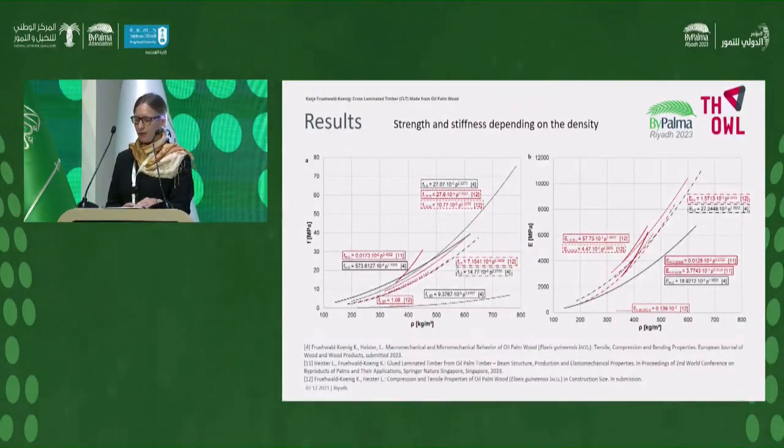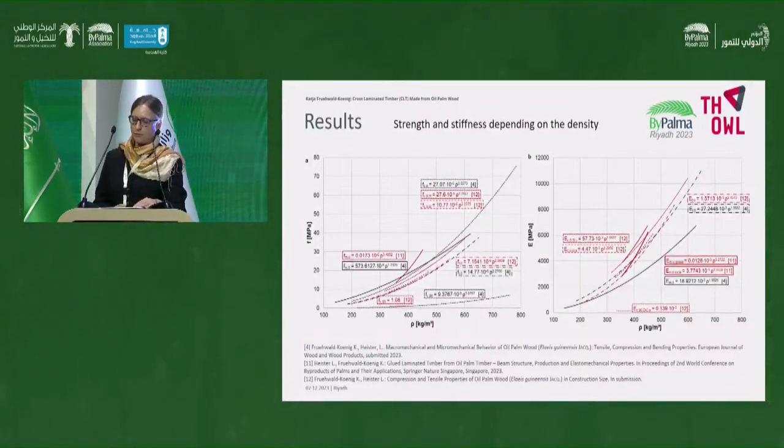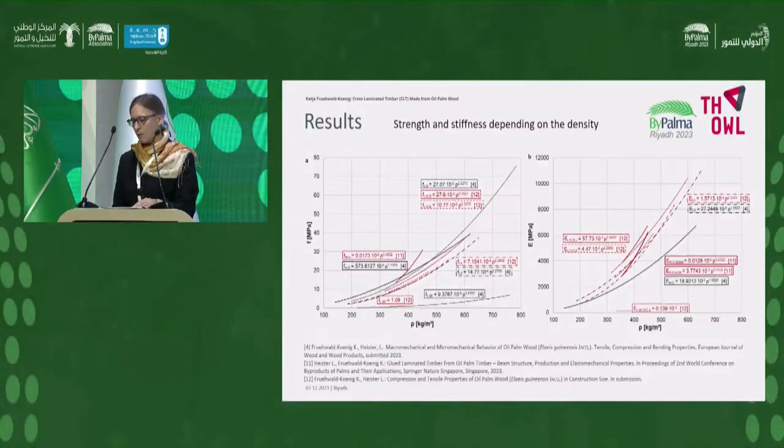All strength and stiffness values of the full-size specimens parallel to the vascular bundles increase with the density by a power law relationship with similar exponents, except for the bending specimens, which might be due to a comparably low number of test specimens and a very low density range because of the combined GLT.